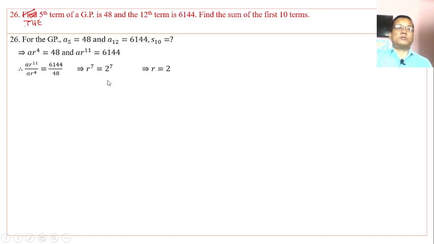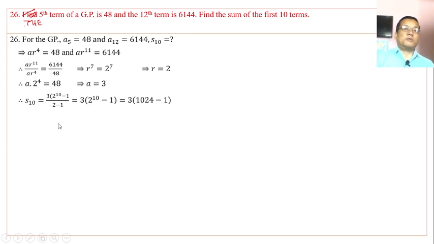Putting the R value in the first equation, the A value is 3. Now, with A and R, the sum of the first 10 terms we put in the formula. Evaluating, we get 3069.